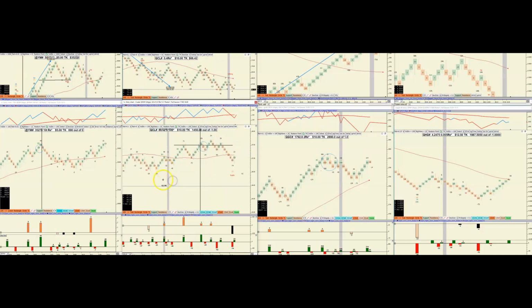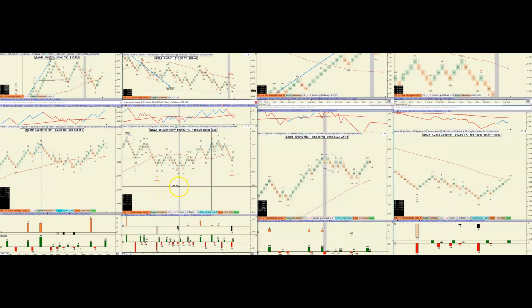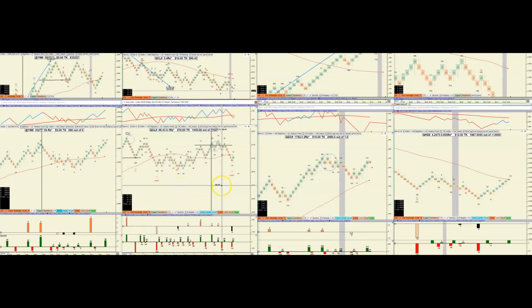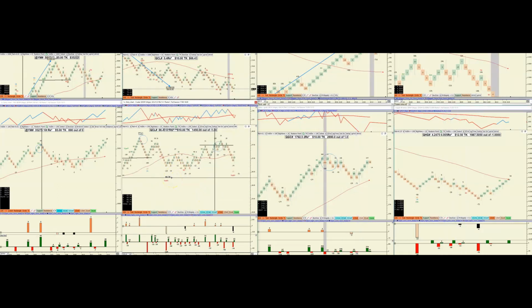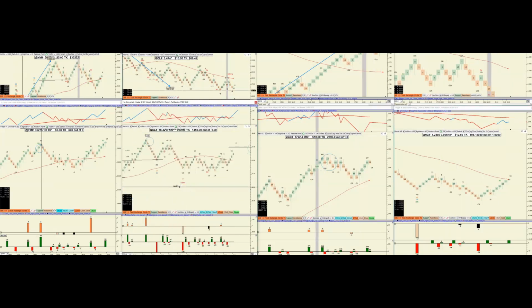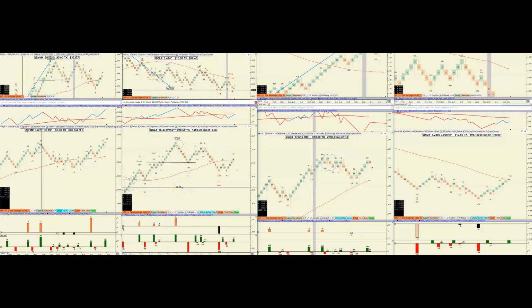Into this area, and all it's doing now, it's here somewhere, right here, as it's just setting up tests of the highs. All right, why? Because it's hard to break these areas because the positions have been established. Look at this, 74. That's your change of behavior.